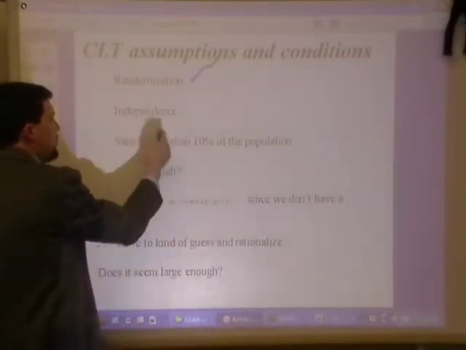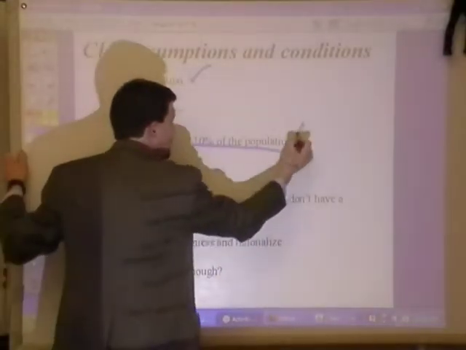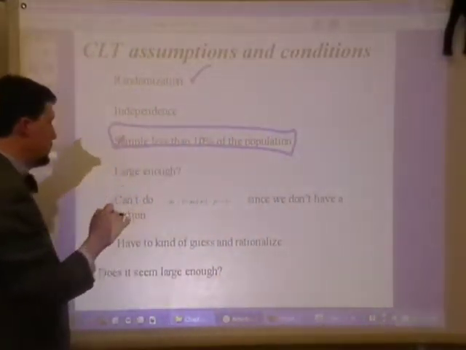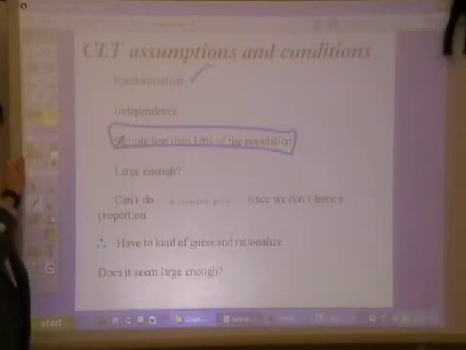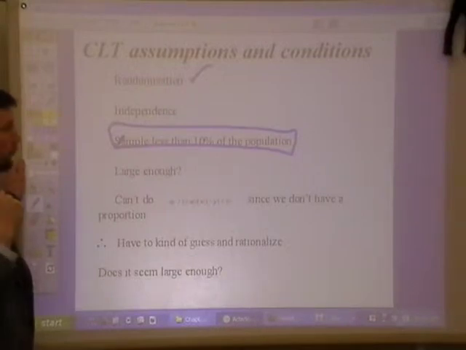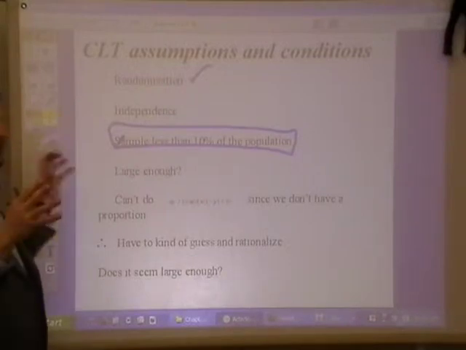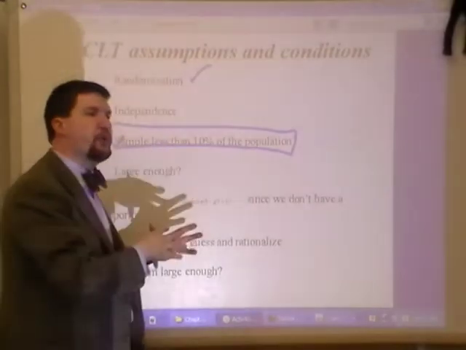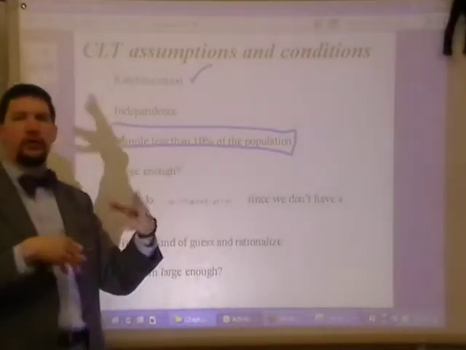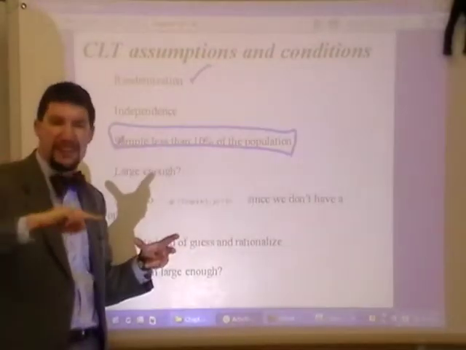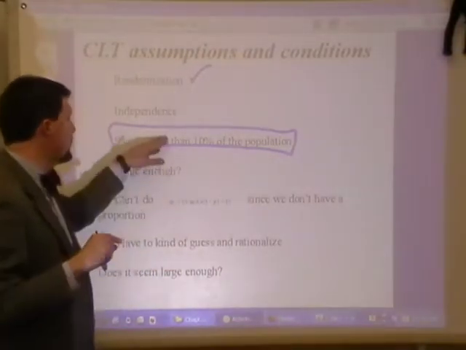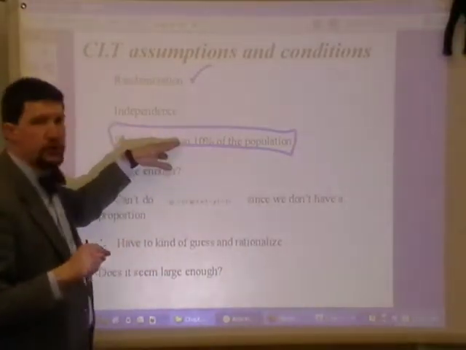I also need to have this: my sample has to be less than 10% of the population. Because if I have a sample that's too big, I could have too much of one group in my sample, and therefore I'm going to throw off what I can select. So I need to have a sample that is not too big.